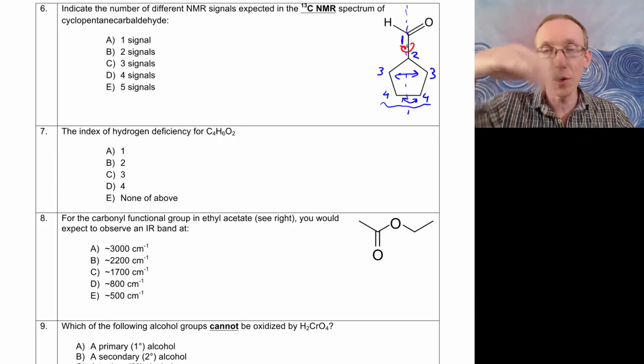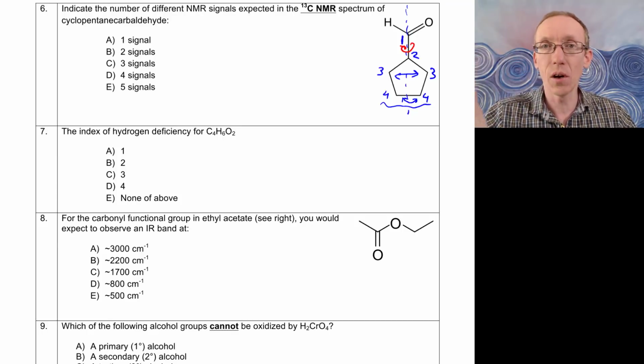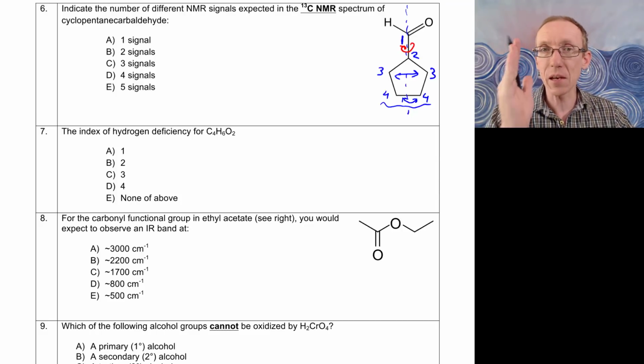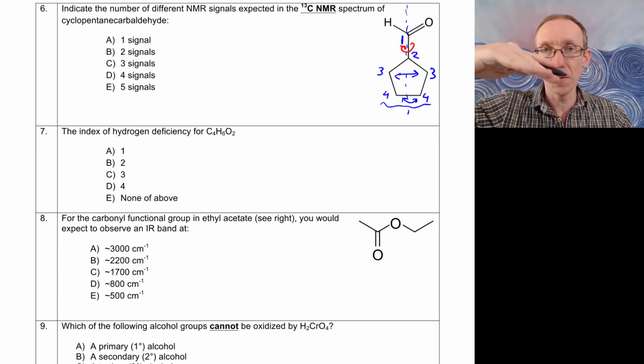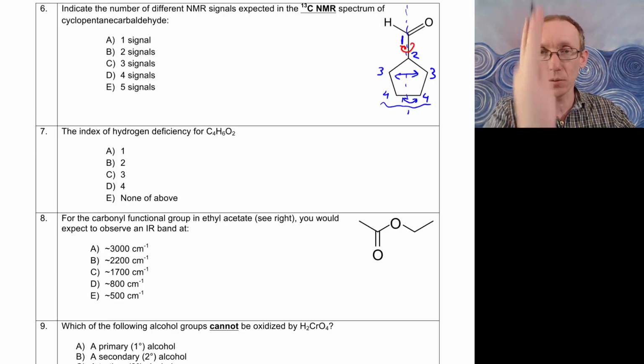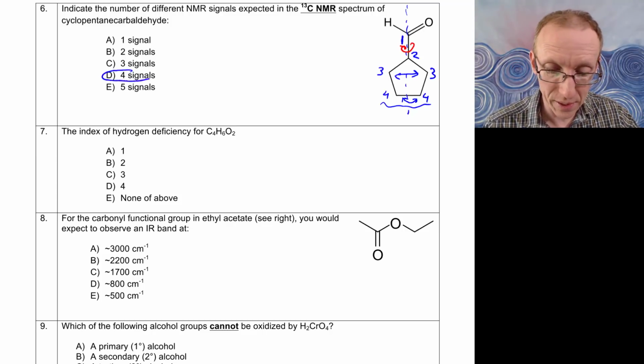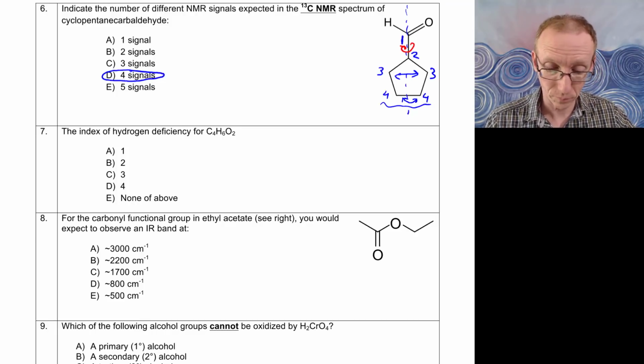That group is rapidly rotating around, and so on the NMR timescale, we will see both sides of that molecule being the same. We can even also think about that functional group not necessarily lying the way that it's drawn there. It might actually be lying straight up and down, so it would be on the mirror plane. In any case, there's going to be 4 different signals, and so the correct answer is D.